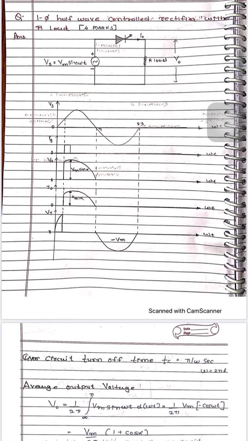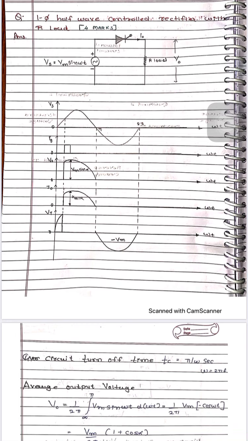A rectifier which uses a thyristor as a switch is called a controlled rectifier. And a rectifier which uses an uncontrolled device like a diode is called an uncontrolled rectifier.